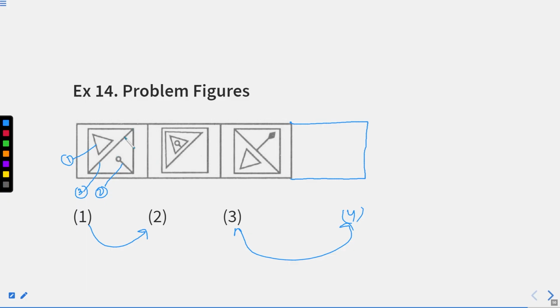Inside this square, consider this triangle, right? This small triangle is already there and this pin will directly come inside it like this, and this will become your option part. So first we will draw the half circle where the figure is, inside which we'll draw another triangle.